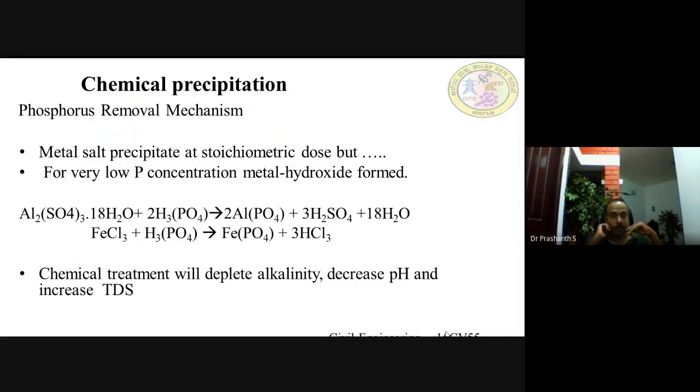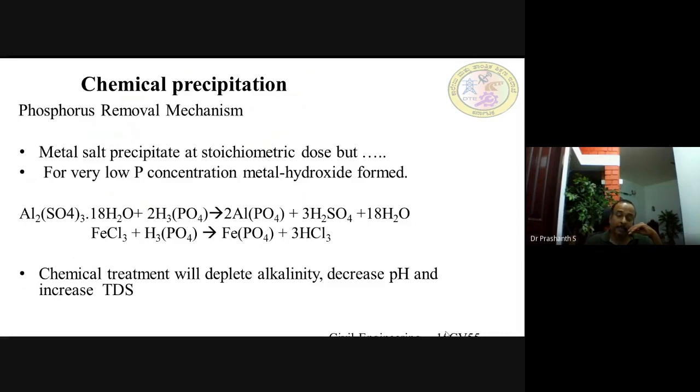So in the phosphorus removal mechanism, the metal salt, aluminum sulfate, what we call alum, is dosed to a wastewater which has phosphates, and it reacts with Al2(SO4)3·18H2O to form AlPO4, which is a precipitate which settles down, and sulfuric acid is formed, and H2O.